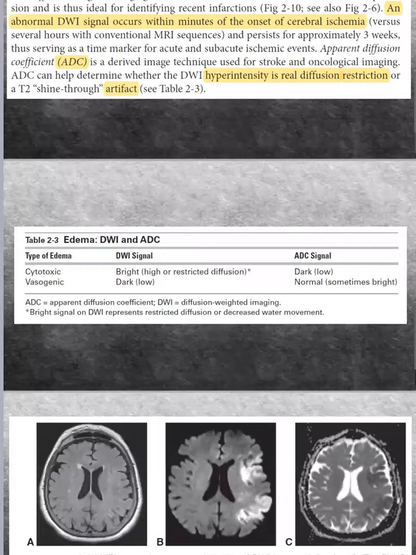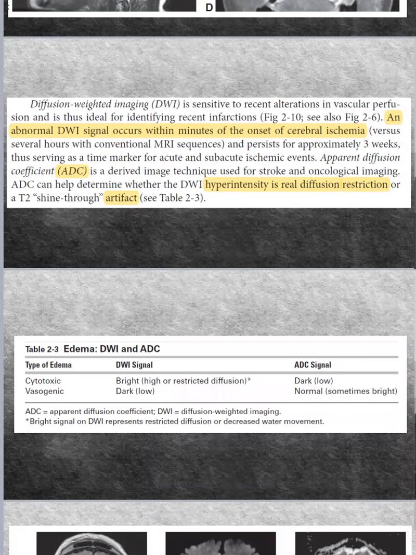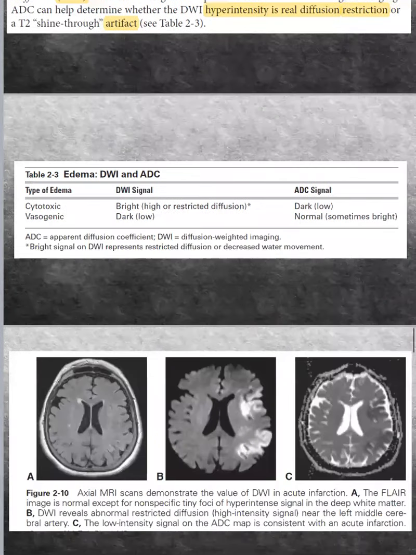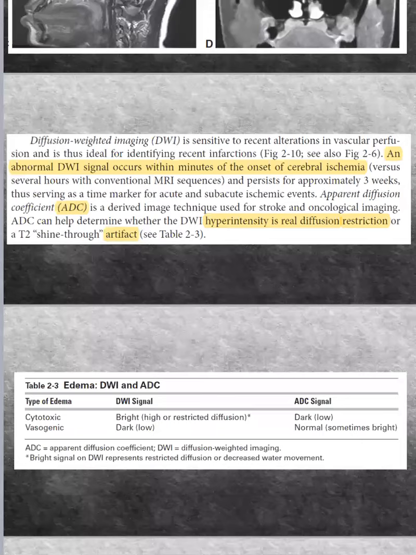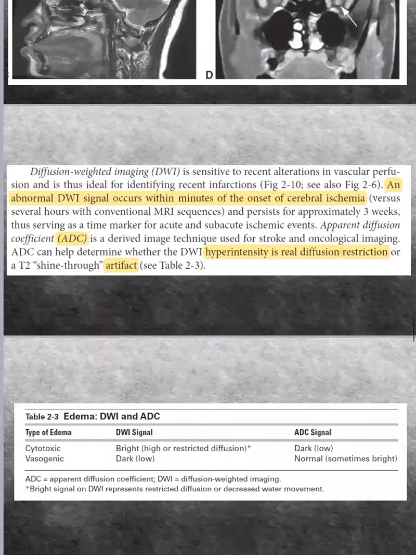You may have apparent diffusion coefficient, which will differentiate between artifact and diffusion restriction or ischemia. Okay, these details are not that important, but I want you to remember this one, which is DWI, a characteristic of recent alteration in perfusion, so they can diagnose recent infarction.